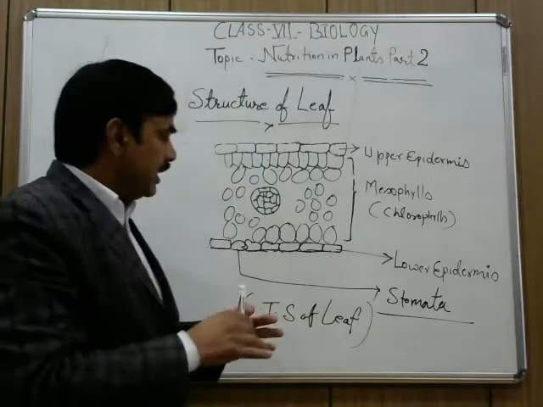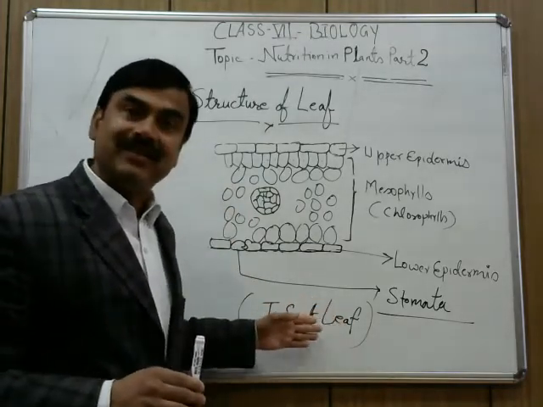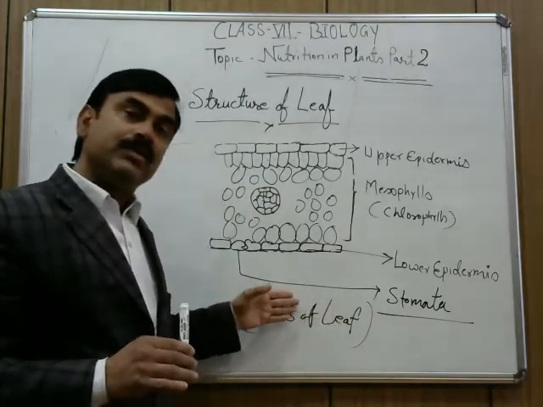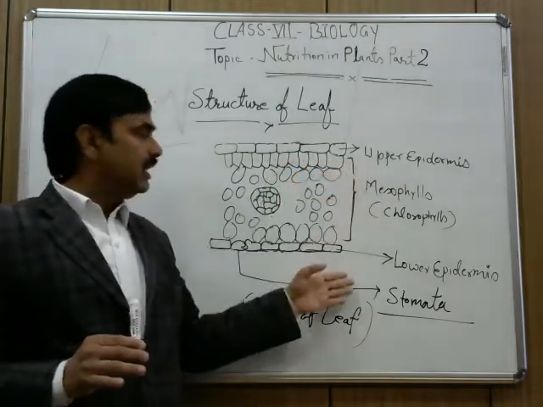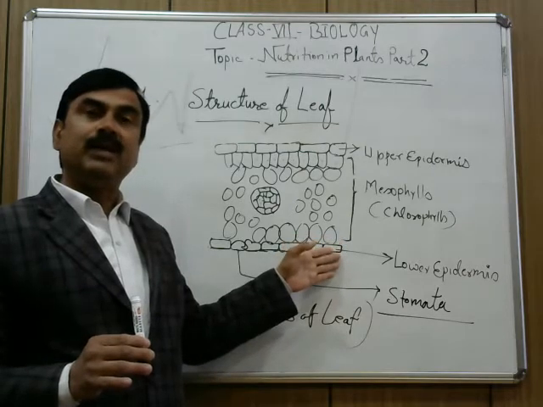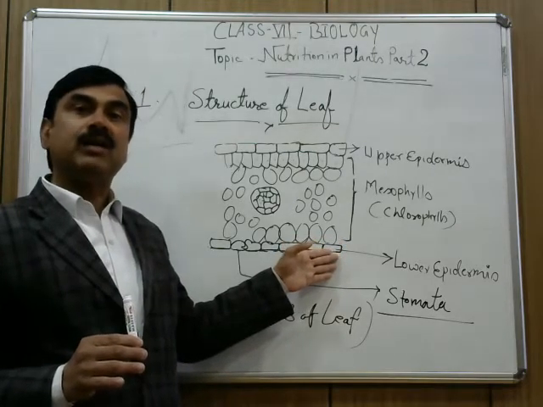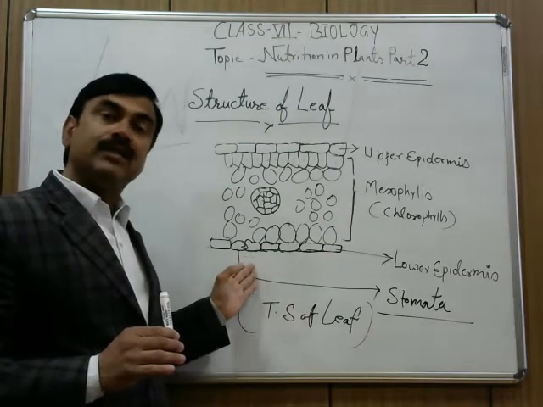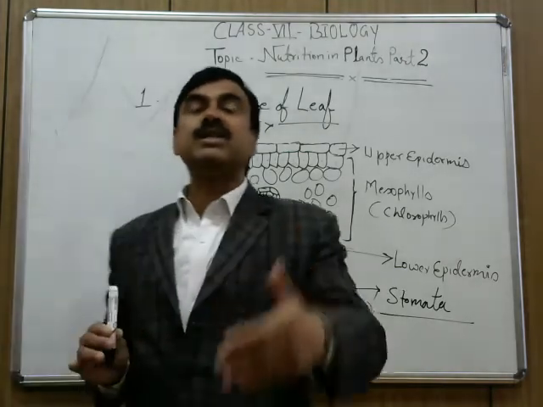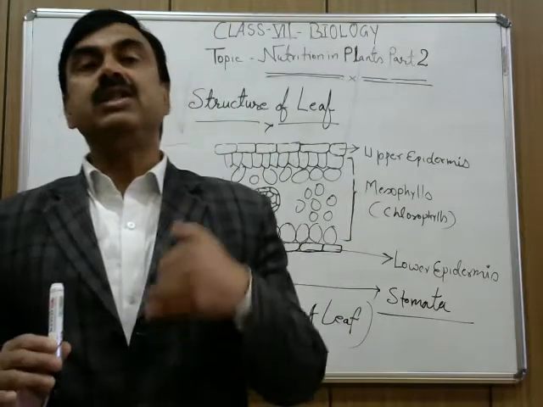The transverse section, internal structure I am telling you in this. The transverse section of leaf contains upper epidermis, at the lower side lower epidermis, and the number of stomata is more in the lower epidermis, you must remember. And this stomata is responsible for exchange of O2 and CO2.